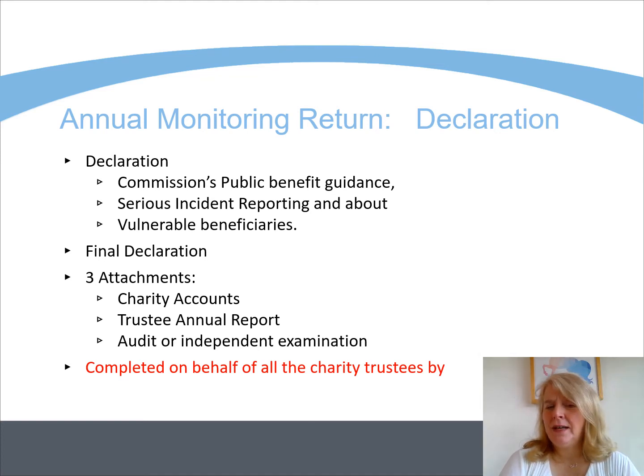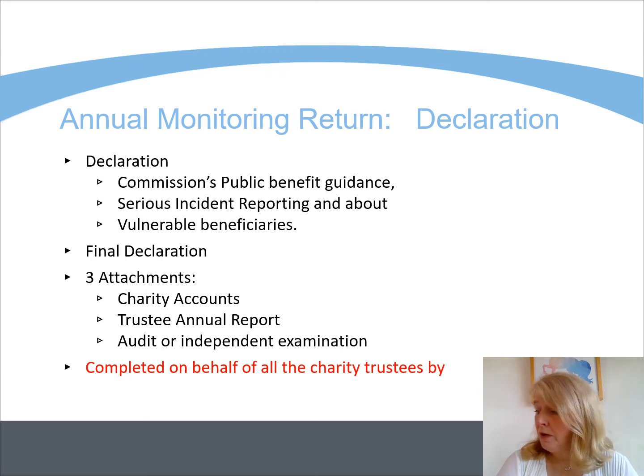You also have to sign to say that you have reported any serious incidents, and the Charity Commission has quite clear guidance on what would constitute a serious incident. But if something has happened in your group during the year and you felt it was necessary that the Charity Commission should know, or maybe you weren't sure, you should get in touch and let them know. That could be maybe some of your equipment was stolen or destroyed.